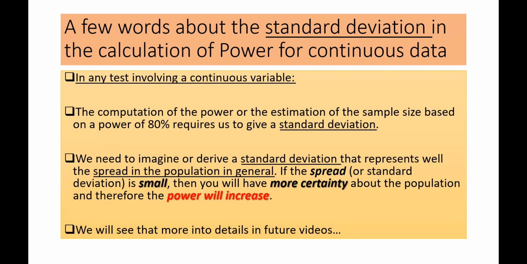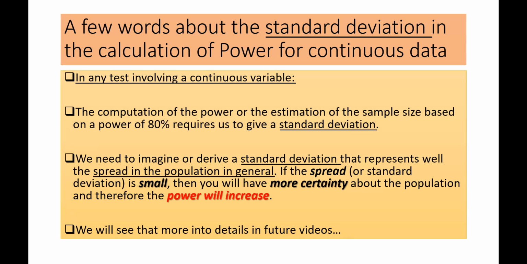So the standard deviation, if it is small, it means that the data is very homogeneous, okay? If you have these 25 men who measure 175 centimeters on average, but the standard deviation is just 1 centimeter, then it means that a lot of men are concentrated between 173 centimeters and 177 centimeters.